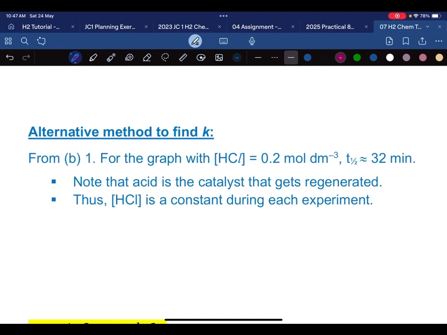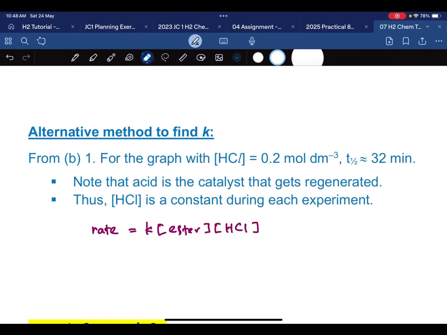There is an alternative method to find the rate constant K using the half-life. So note that we already have the rate equation. Rate equals K, concentration of the ester times HCl concentration. So notice that our acid is 0.2, but this is also a catalyst and it gets regenerated.